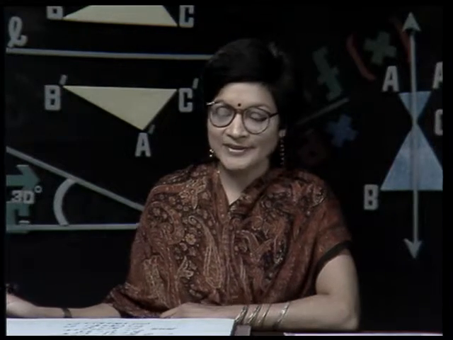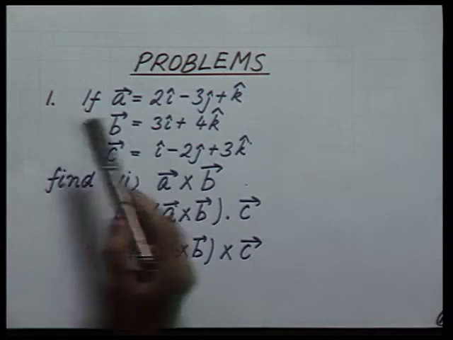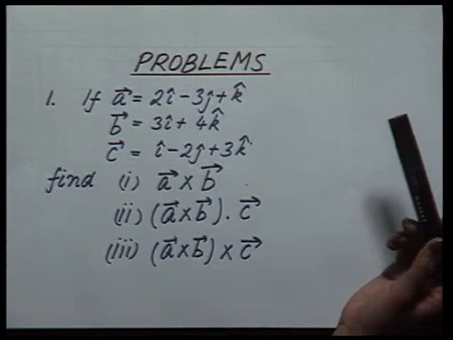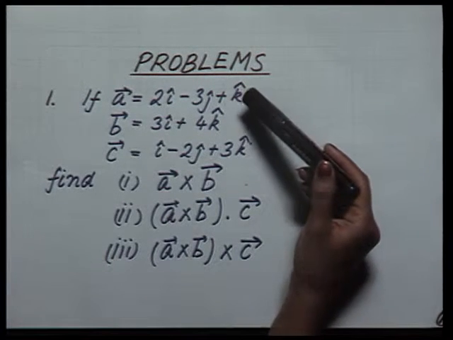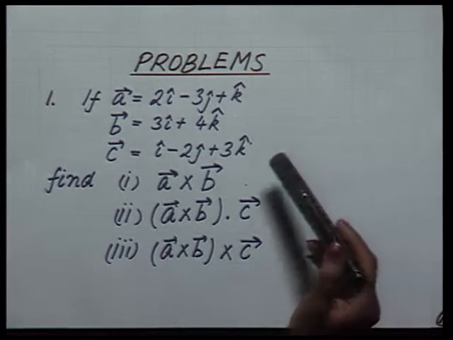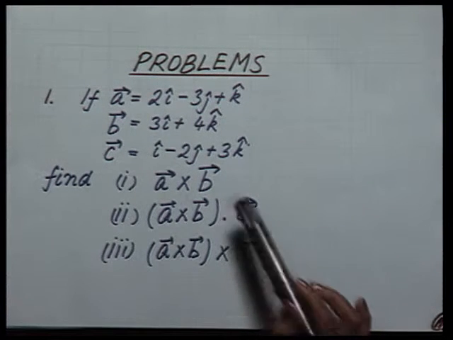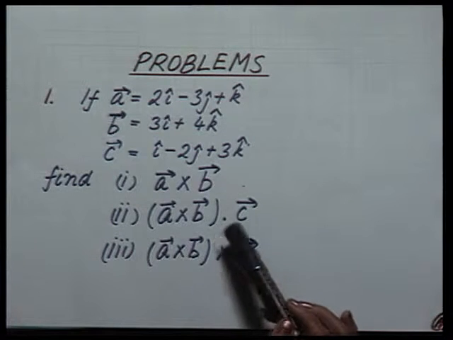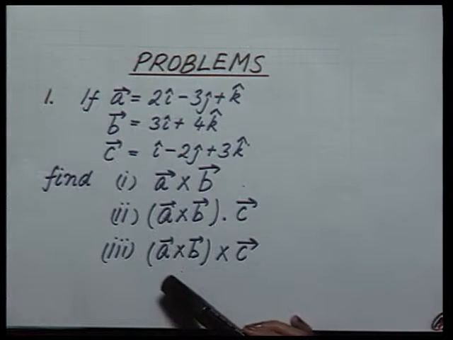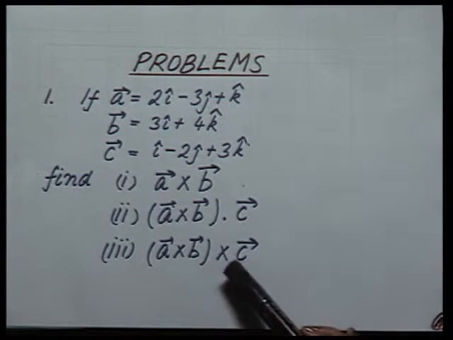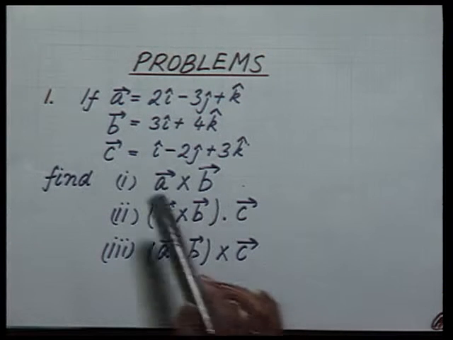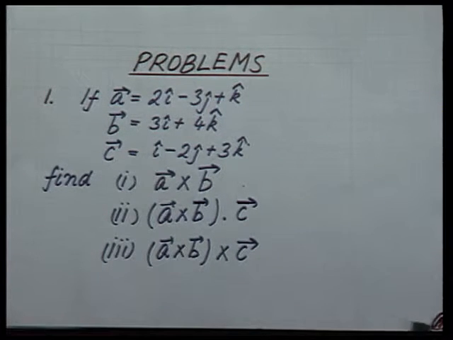And here are some simple problems for you to solve. First, suppose you are given 3 vectors A, B and C in terms of their components along i, j and k. Calculate A cross B dot C and A cross (B cross C). Let us look at the first.